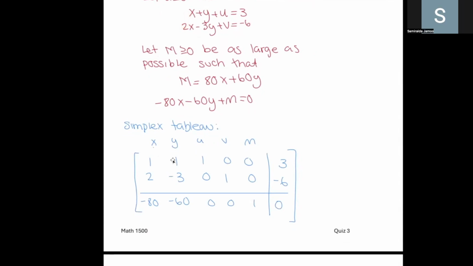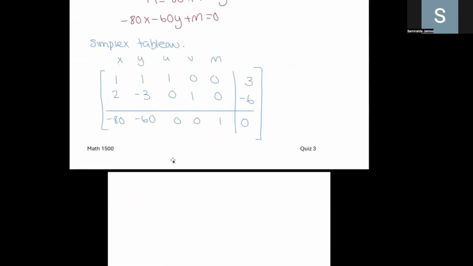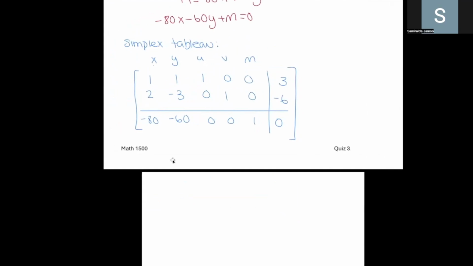Okay, now I want to start getting rid of negatives, but I want to do this in the way that will maximize it. So I don't want to just randomly pivot things. I want to pivot them with a strategy that I am going to maximize this function. So first thing we want to do is check the column that is on the right side of that bar.